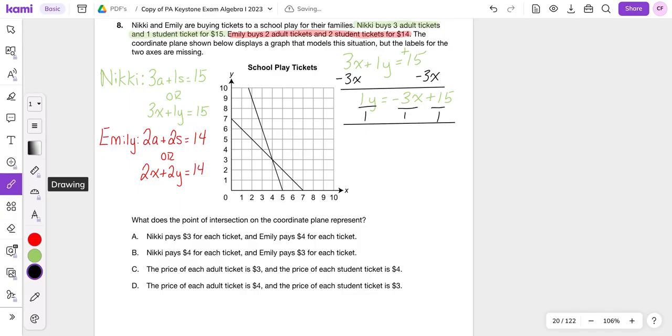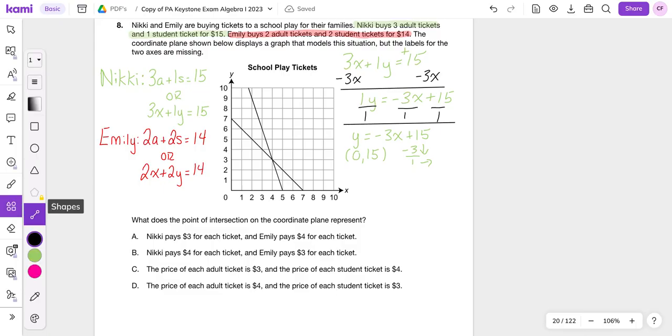So now we get that equation for Nikki to be Y equals negative 3X plus 15, which tells us that the y-intercept is 0, 15, with a slope of negative 3 over 1, down 3, right 1. If we examine this here, there is no y-intercept of 15 on this graph because it is limited to just a height of 10.